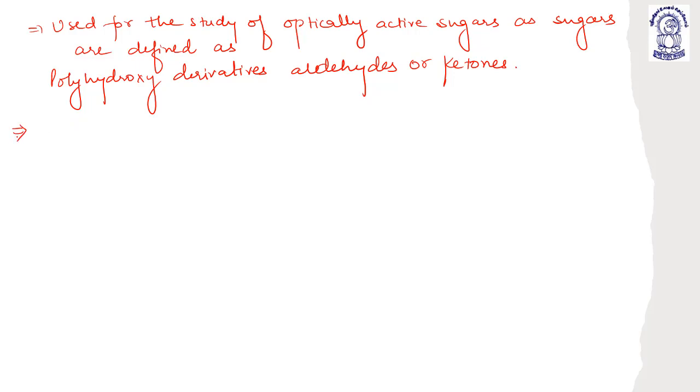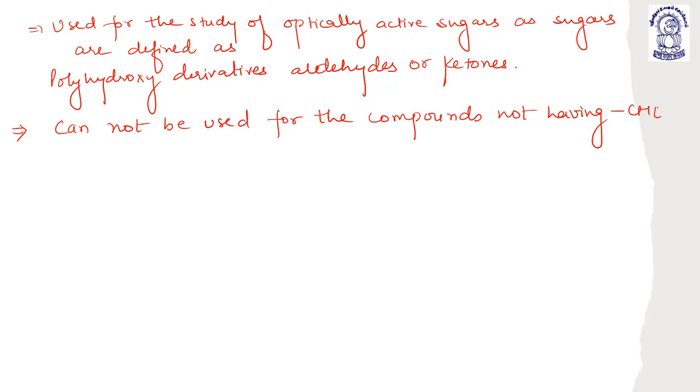Glyceraldehyde also contains hydroxy and aldehyde groups, but this method cannot be used for those molecules which do not possess hydroxy aldehyde groups, like compounds not having CHO and OH groups.